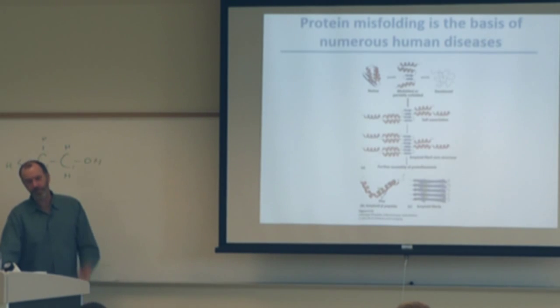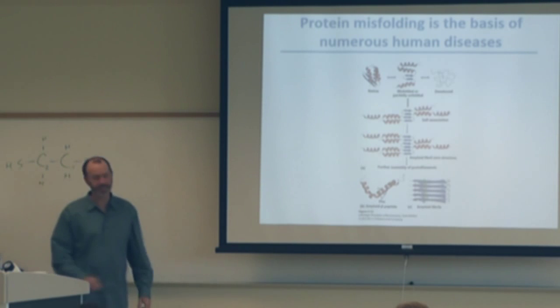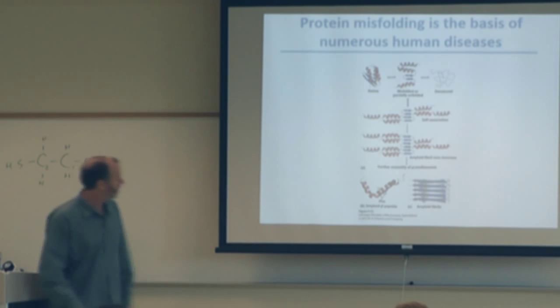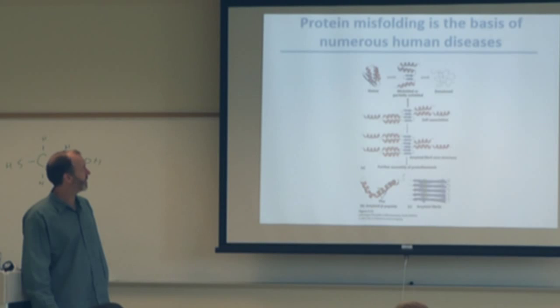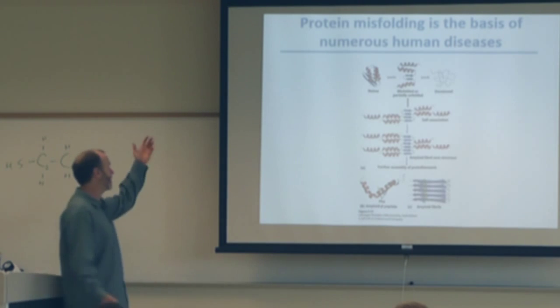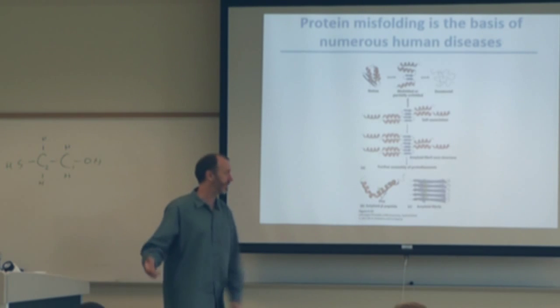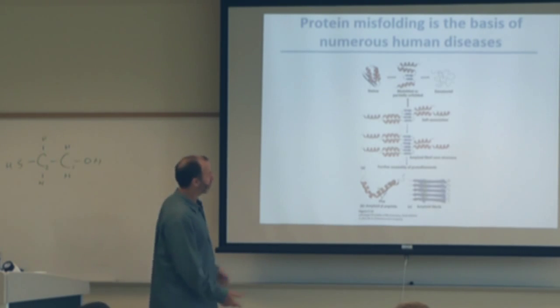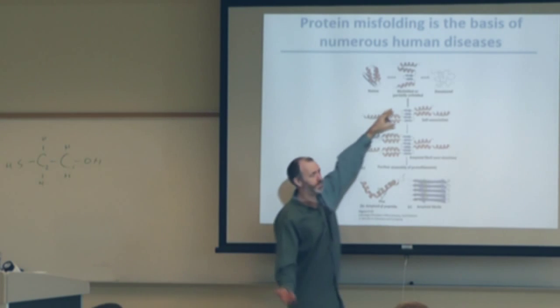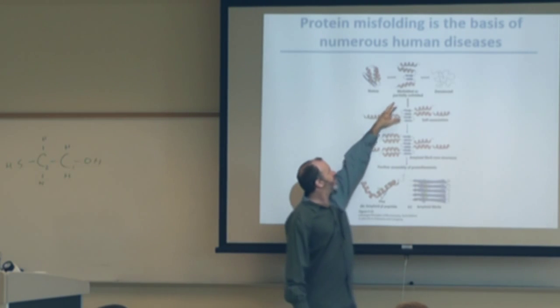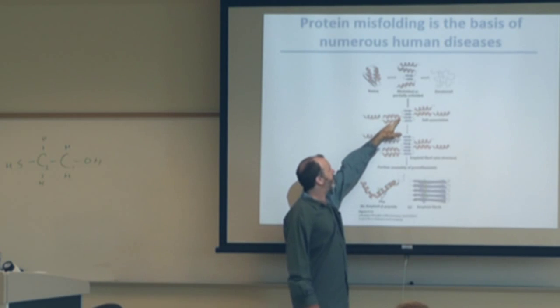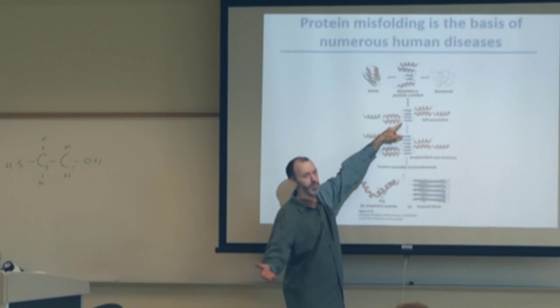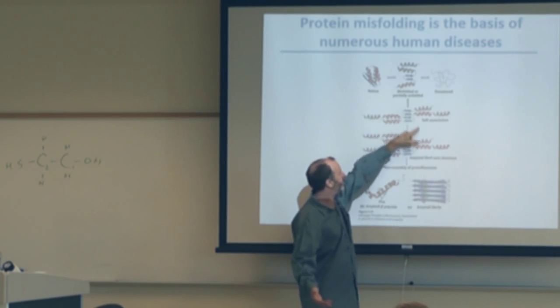And then we talked about cross-beta sheets, amyloid fibrils, and whatnot. Protein misfolding is the basis for numerous diseases such as Alzheimer's, Huntington's, and Parkinson's. They're all protein misfolding disorders. Prion disease is also partially misfolded, which can spread and cause other normally folded proteins to form that same misfolded shape.